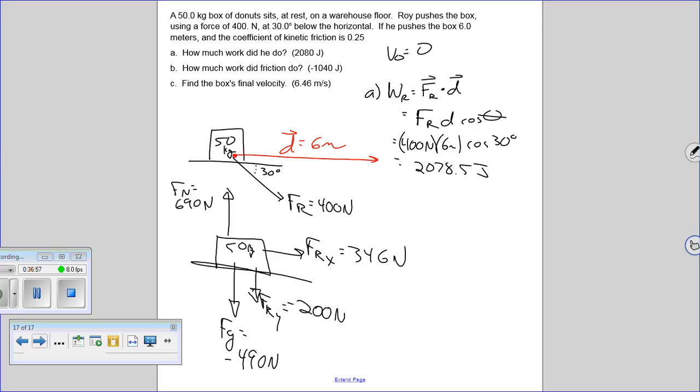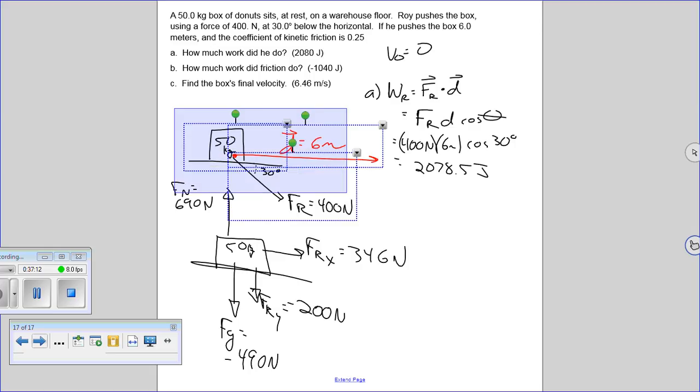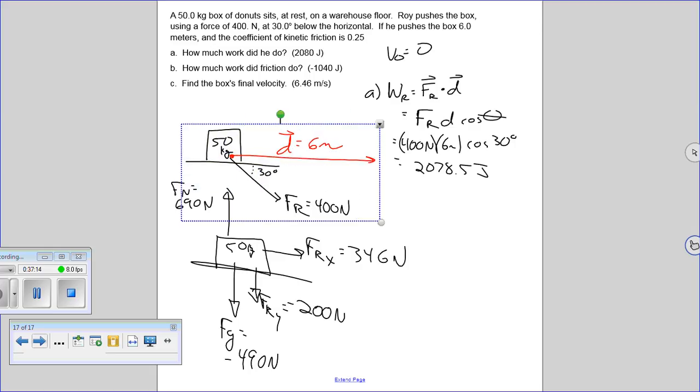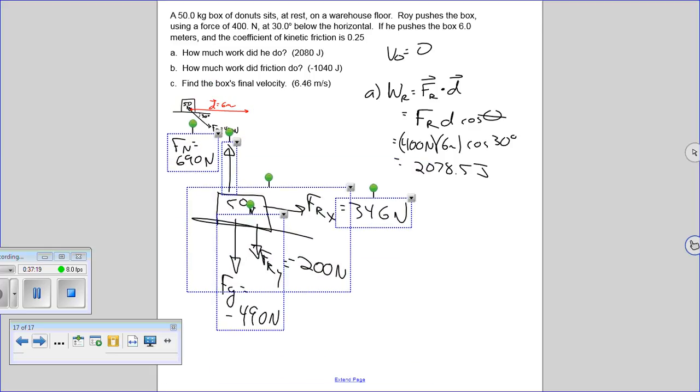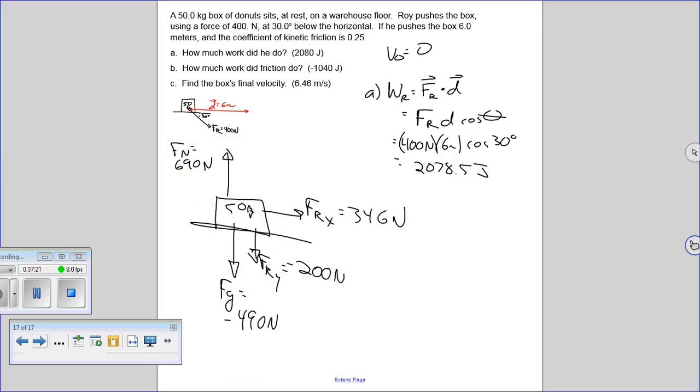Am I going too quick, or are we okay? Everybody good? All right, so now I need to find my force of kinetic friction, which is the coefficient of kinetic friction times the normal force, right?